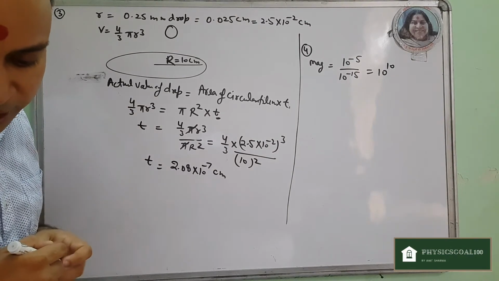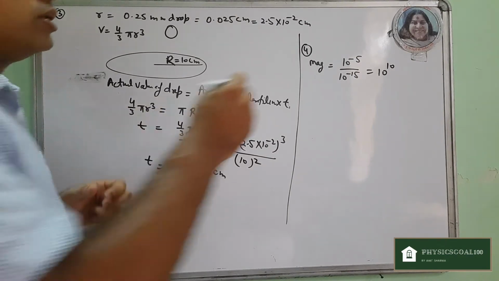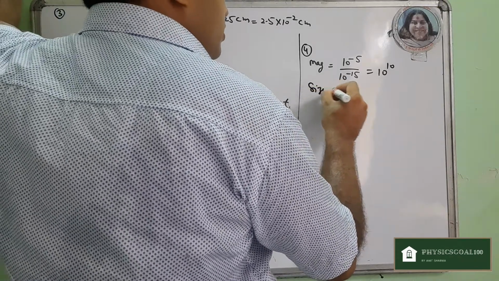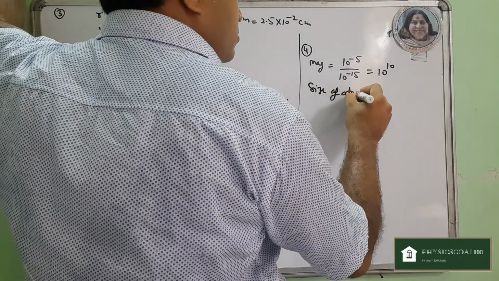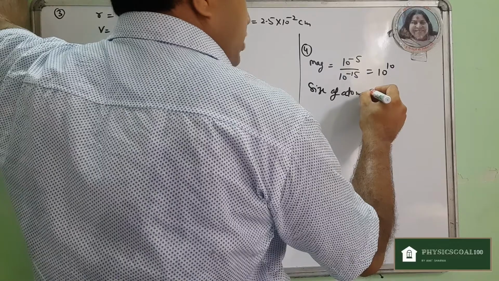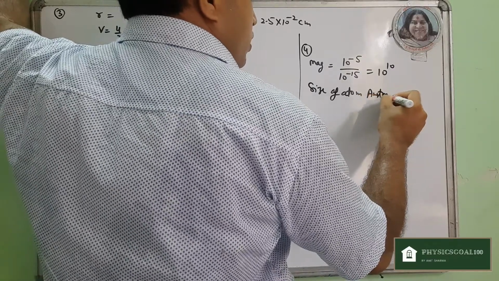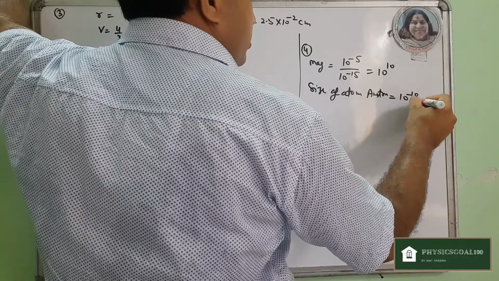So size of atom I already discussed, size of atom is measured in angstrom. Angstrom is 10 की power minus 10 meter.